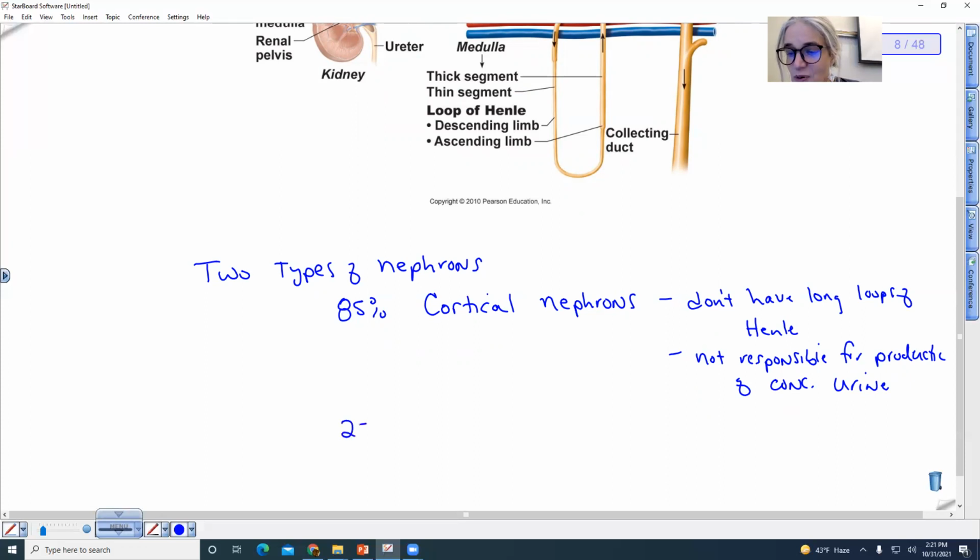So 25% of our nephrons are said to be juxtamedullary nephrons. Juxta is a weird word, but it means next to.